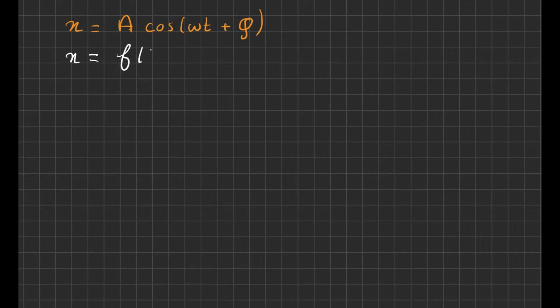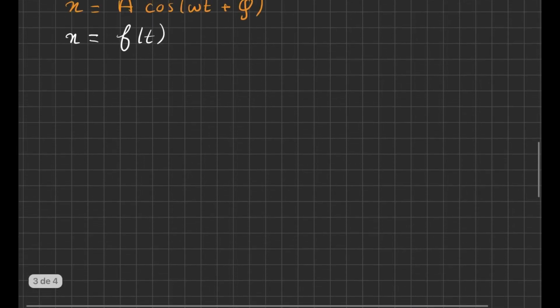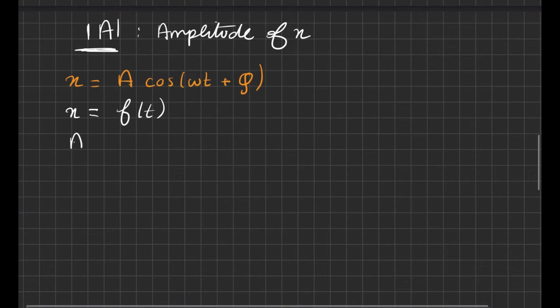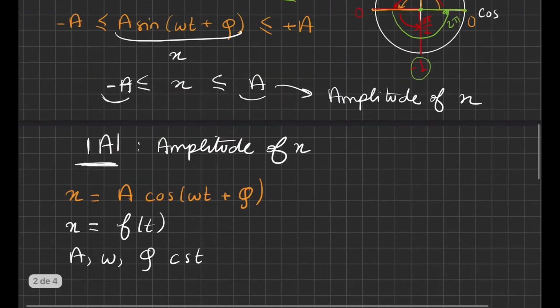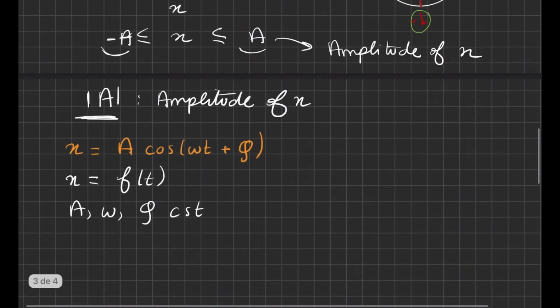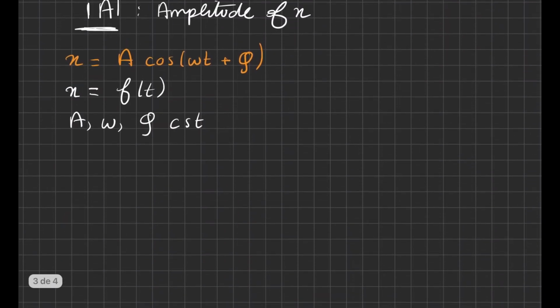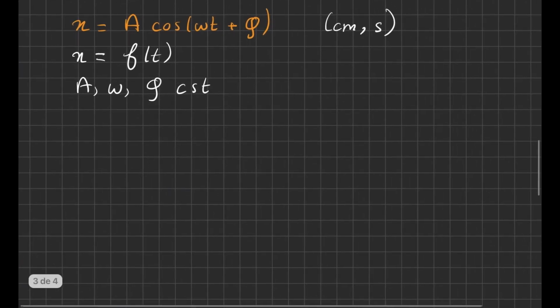And x is just a function of time, and a, omega and phi are all constants. Because x is a position, we're going to take it in centimeters, and t, because it's time, we're going to take it in seconds.